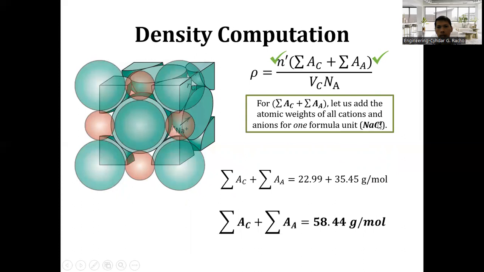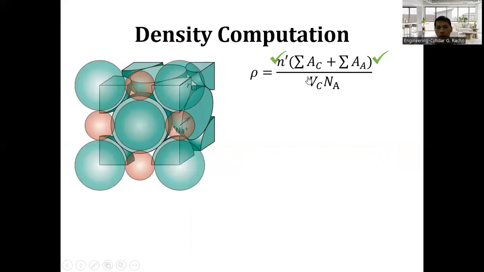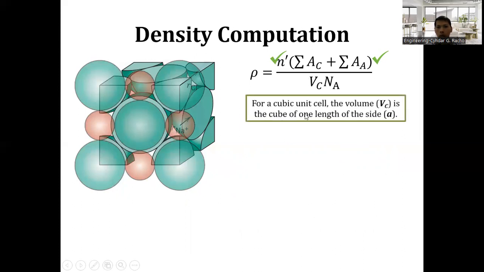So check. We need to look for VC as well. For a cubic unit cell, the volume V sub C is the cube of the length of one side, a, so your VC is just equal to a cubed. If this is your a, the length of one side of a unit cell, then this portion is the radius of your chloride, and the other one is also the radius of your chloride.